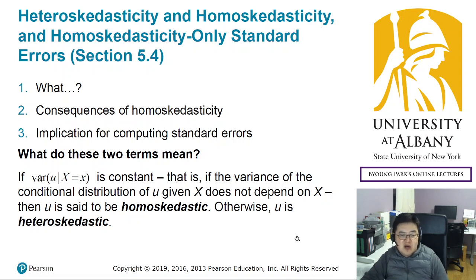Otherwise, if it's not constant, it is unrestricted. If the variance can take any form, then the error term is heteroskedastic. So the volatility can be different across different class sizes.